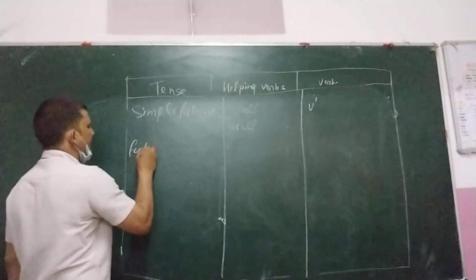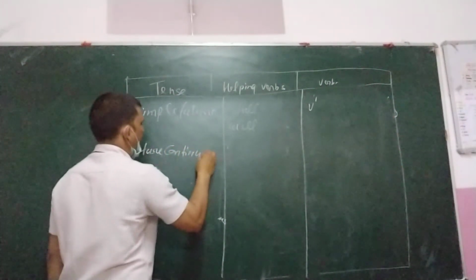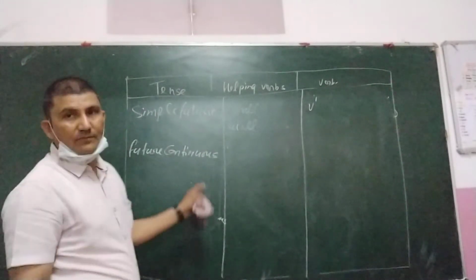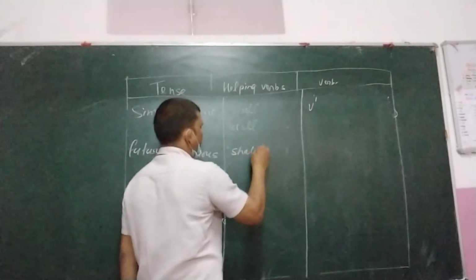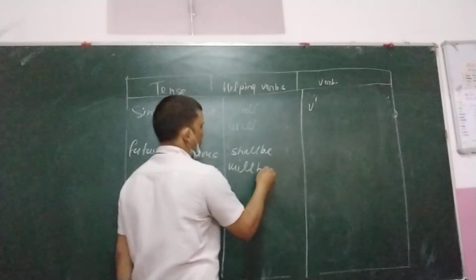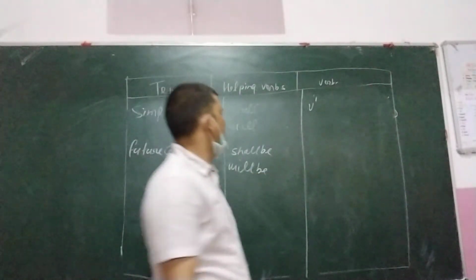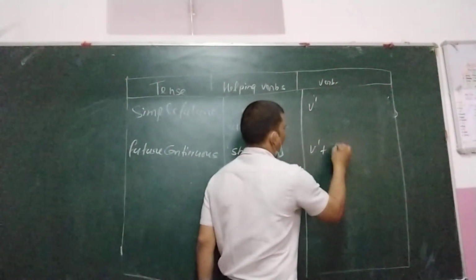Future continuous. We use shall be and will be. And for the verb, as in other continuous tenses, in future continuous also we use the ing form.